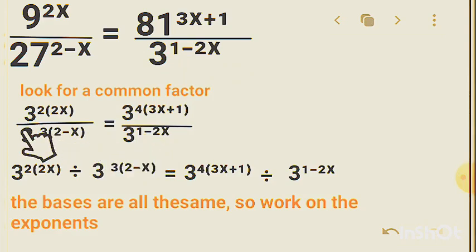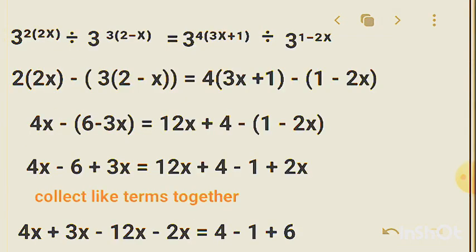Now, as I said earlier, whenever you see a line and we have a numerator and a denominator, know that we are dividing. Now we just remove the line and put the division sign. So because the bases are all the same, we work on the exponents. Now the bases are 3, 3, 3 and 3.